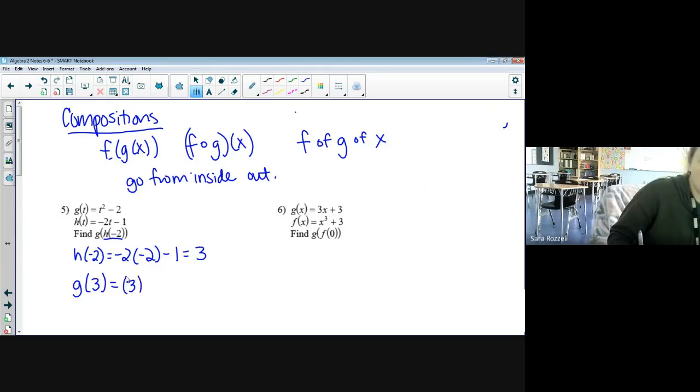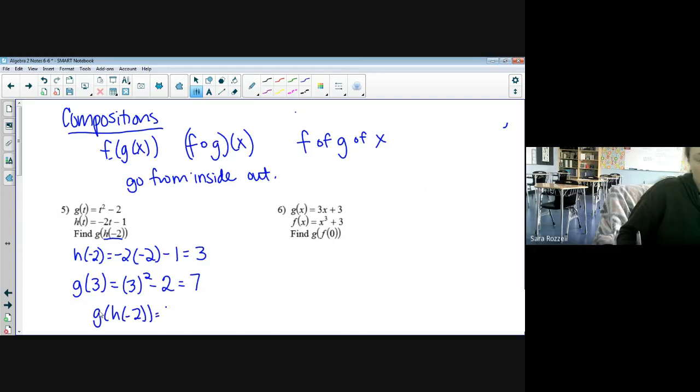So that is 3 squared minus 2. Go ahead and hold up your fingers. What's your answer for this one? 3 squared minus 2 is 7. Yep. Because 3 squared is 9, minus 2 is 7. So our final answer of g of h of -2 is equal to 7.